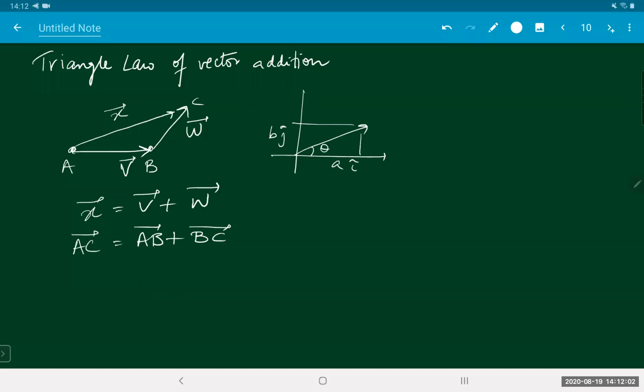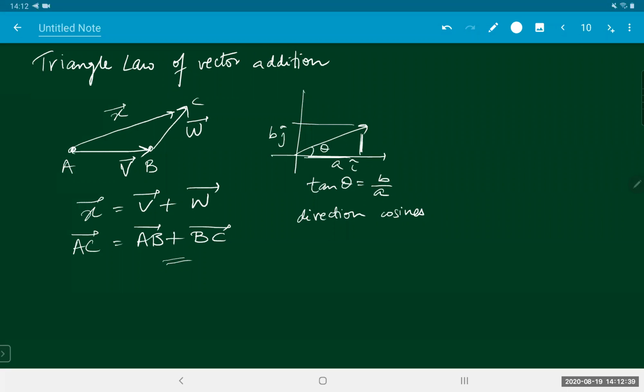Then from trigonometry, you can see that tangent of theta is going to be b divided by a. So trigonometry helps you find the direction. Of course, if you're in 3 dimensions, it becomes a little more complicated. Then you have to use something called direction cosines. But the basic idea is the same. You will use trigonometry to find out what the angles are. So this was the triangle law of vector addition.